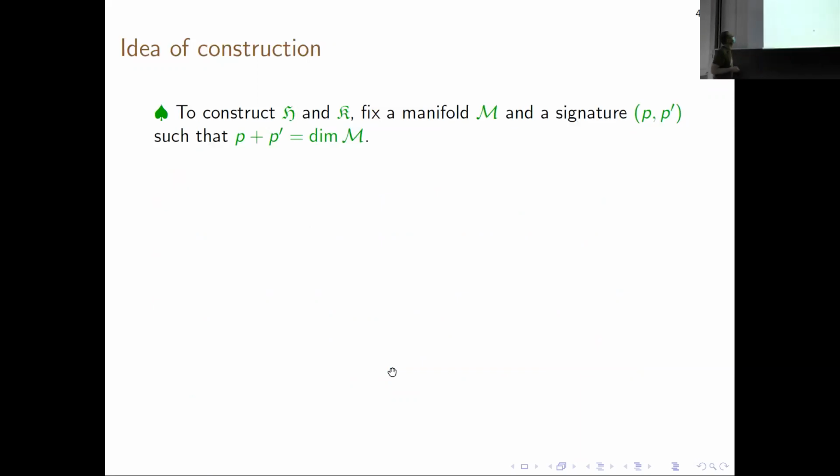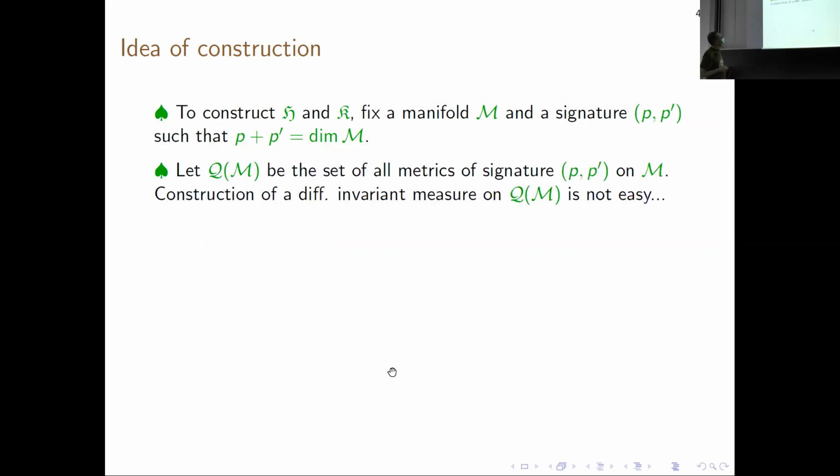So let me now present the idea of the construction. To construct these spaces, I will fix a manifold and a signature (p, p prime) such that the sum p plus p prime is equal to the dimension of the manifold.